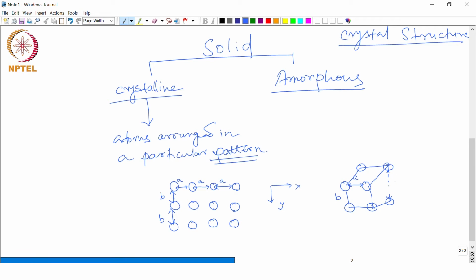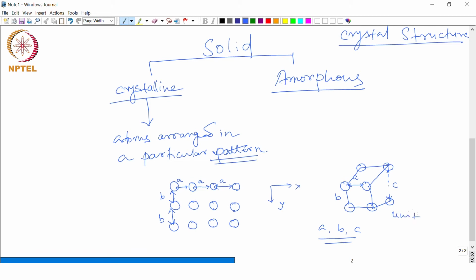So, on the z axis, this can be written as C, for example, right. So, this A, B and C, these are the 3 parameters which will repeat themselves in the x, y and z direction respectively. Okay.